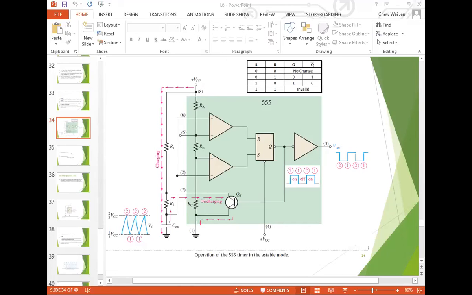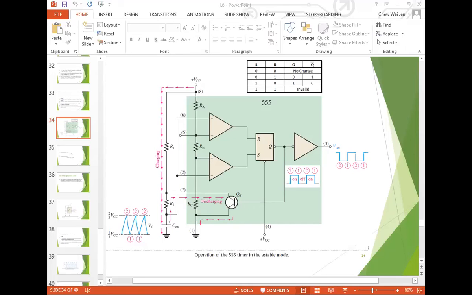Charge some more until the voltage across the capacitor becomes 2/3 VCC. The lower one is still low, but now the upper input goes above 2/3 VCC, so at first its output was low, now it becomes high.